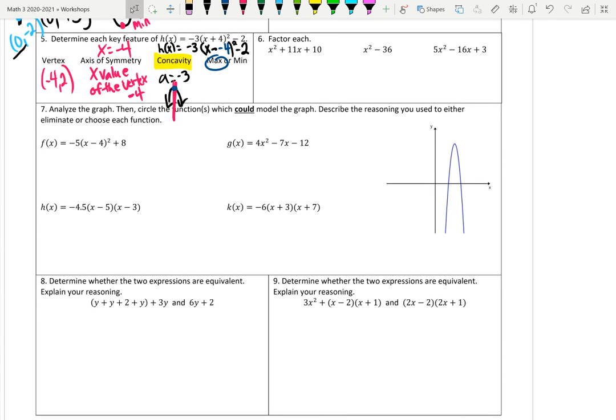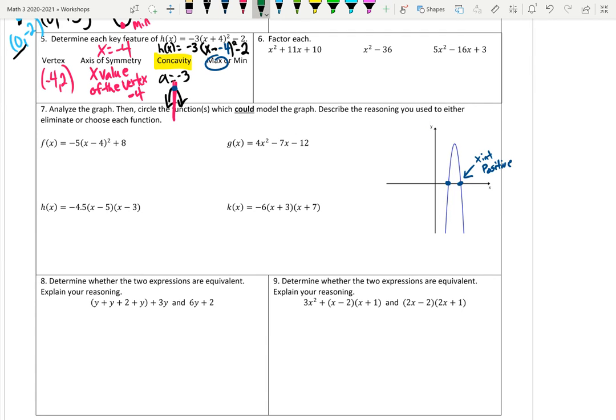All right. Continuing to flex, we need to figure out what could model the graph. In order to do this, I'm going to ignore these equations for right now and just look at this graph. The key features I immediately see are these x-intercepts. I notice that both of my x-intercepts are positive. So let me write that down: x-intercepts, positive.